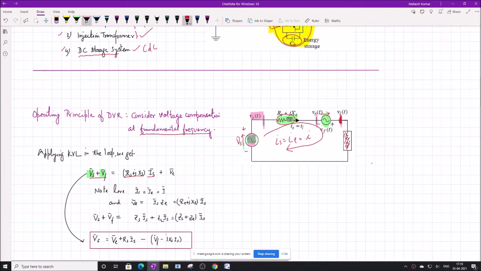So this voltage is equal to this plus this, and the drop across the feeder impedance. Here the current IS is equal to IL equals I, so you can denote it by any of the variables. The load voltage VL is also given by IS into ZL. If this is a passive load which consists of RLC components, then it is simply IS into ZL, which means RL plus jXL into IS.